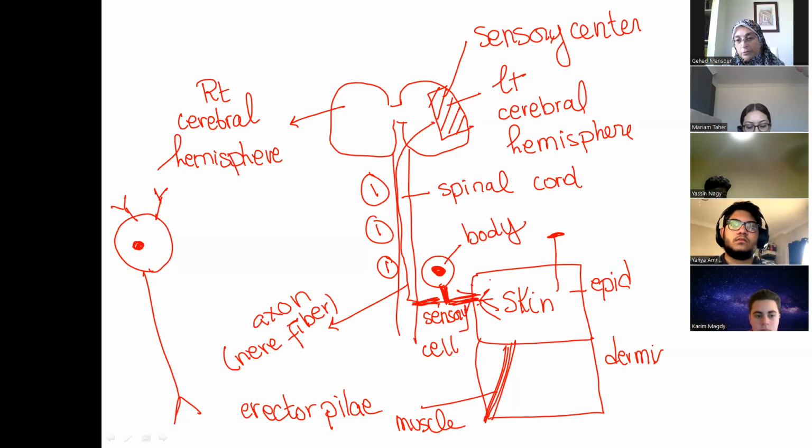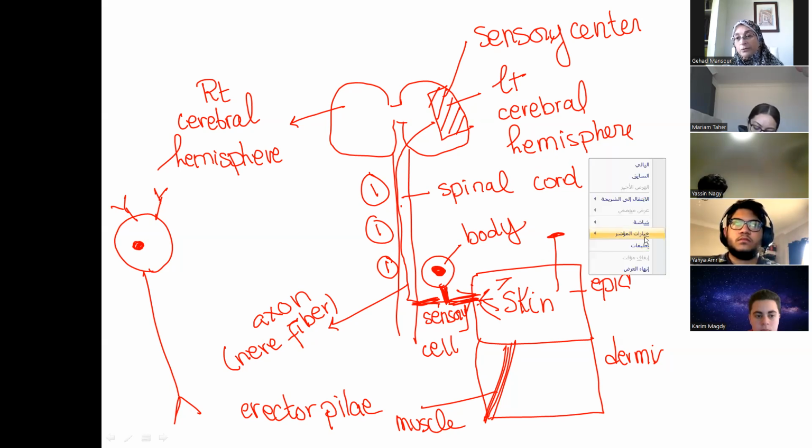A branch that goes towards the skin and another branch that goes towards the central nervous system. The branch that goes towards the skin هي دي sensory nerve ending that will carry the sensation. So whenever we say إن إحنا we have a sensory nerve ending, then we are talking about these branches that arise in the skin of the axon.